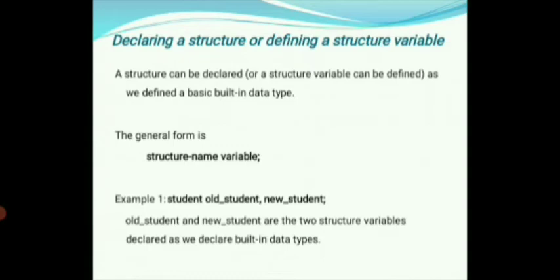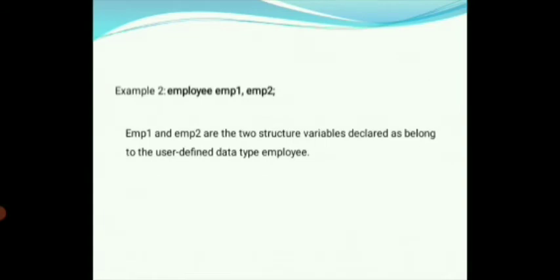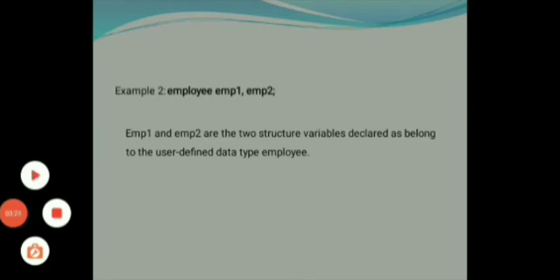So this is one example. Another example is that employee is a structure name. Employee 1 and employee 2 both are the structure variables. This is another example for defining the structure variable.